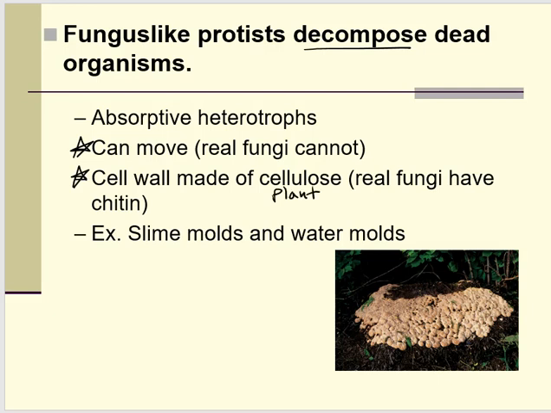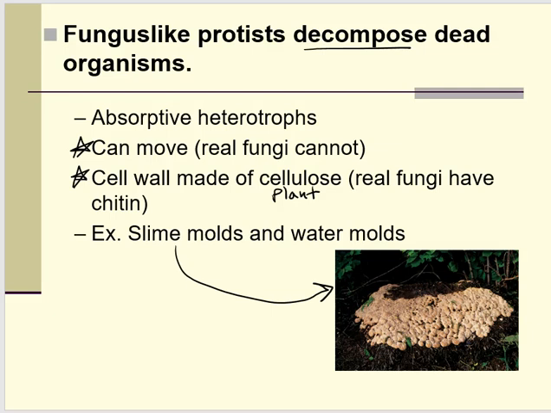They have chitin in their cell wall. Okay. Slime molds and water molds are examples of fungus-like protists. They don't fit into the plant category because they don't have roots, stems, leaves, all that stuff. They don't fit into the fungus category because they can move and they have cellulose. So they get thrown in here.